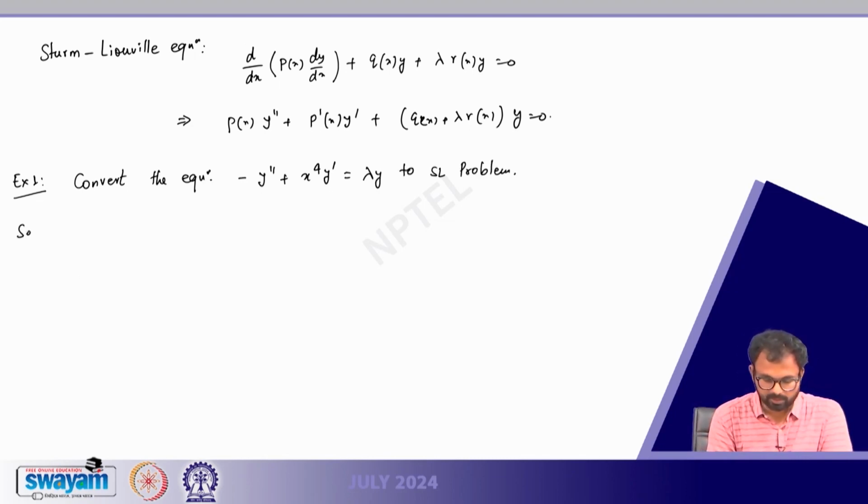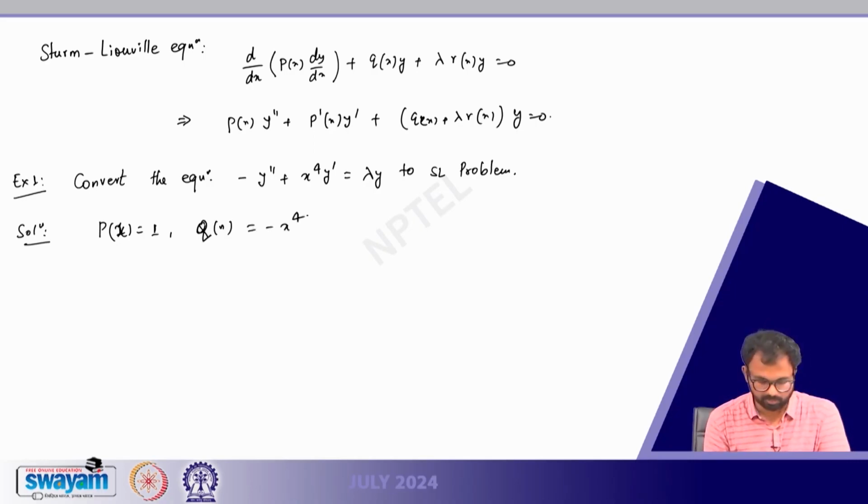So what we can do, we will take our capital P(x) equals to 1, and small q(x) equals to minus of x to the power 4, and then in that case we will determine something called integrating factor.